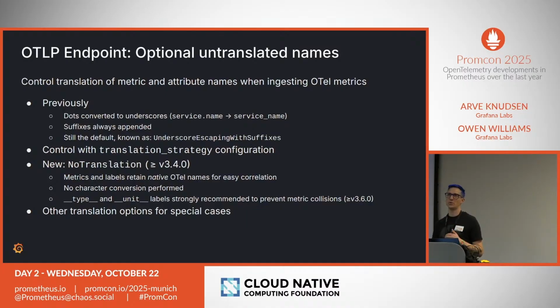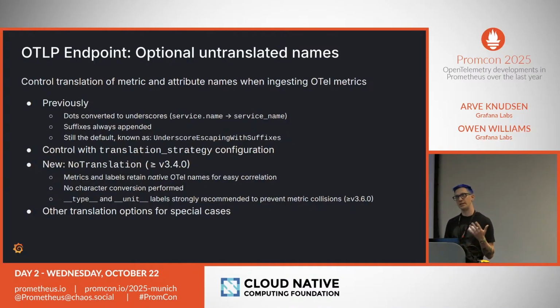So this is for users who are used to OpenTelemetry and the semantic conventions, and they want to have those original names show up in Prometheus when they ingest using the OTLP endpoint.